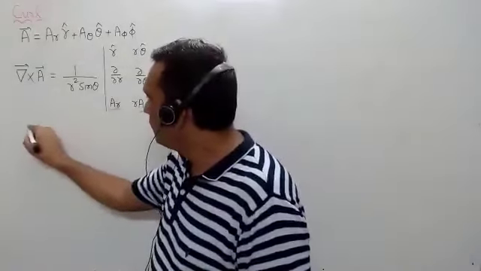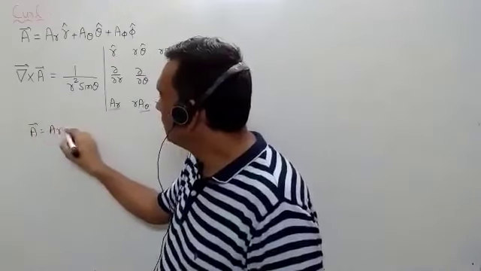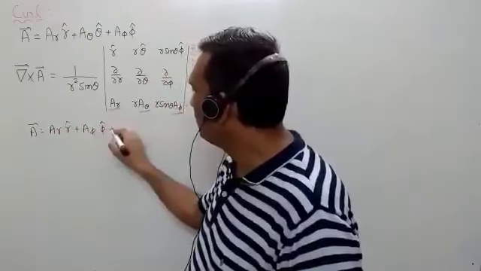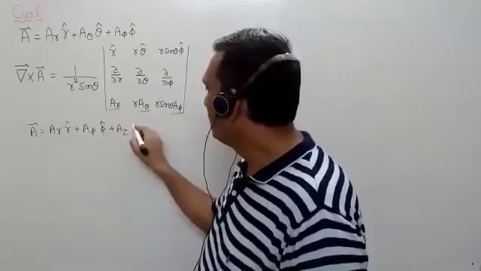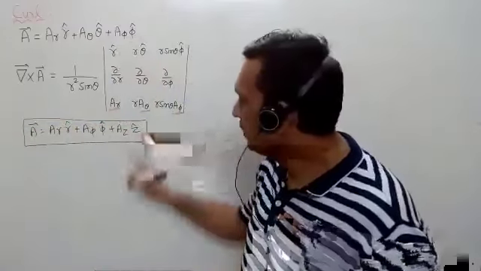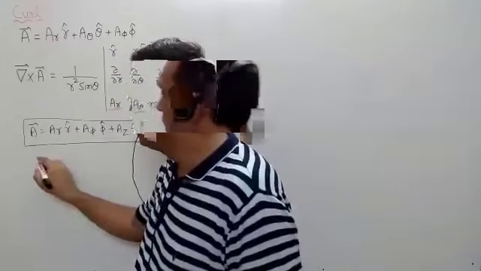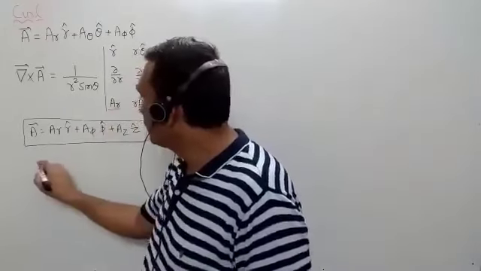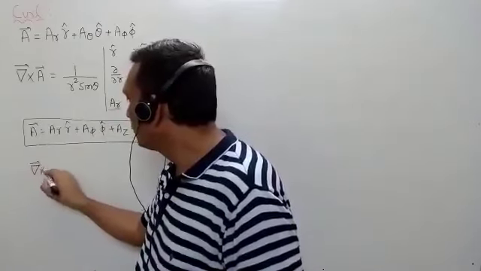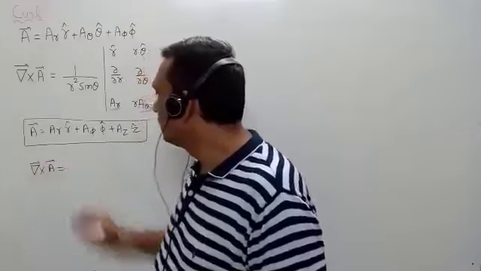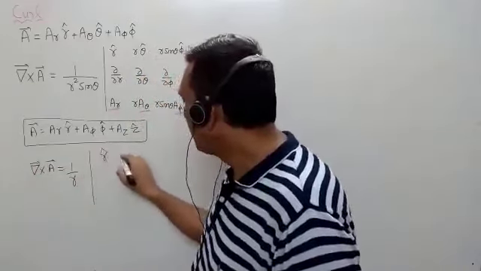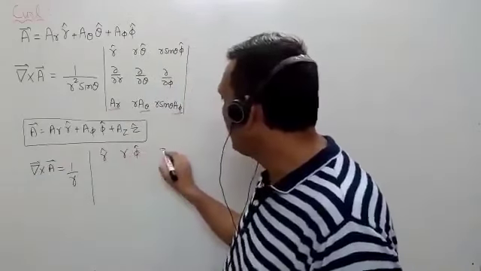And in cylindrical coordinates, vector A is Ar r cap, A phi phi cap, Az z cap. So when vector A is given in cylindrical coordinates, you will get del cross A as 1 by r, with r cap, r phi cap and z cap.